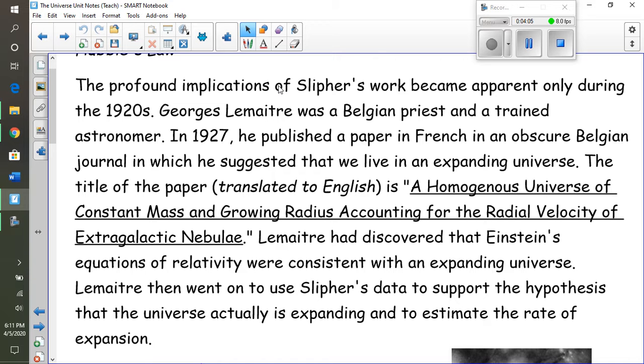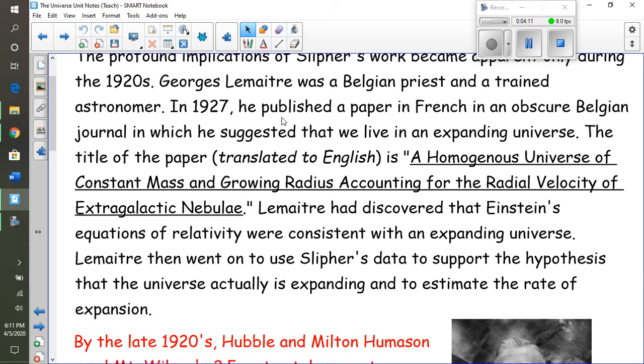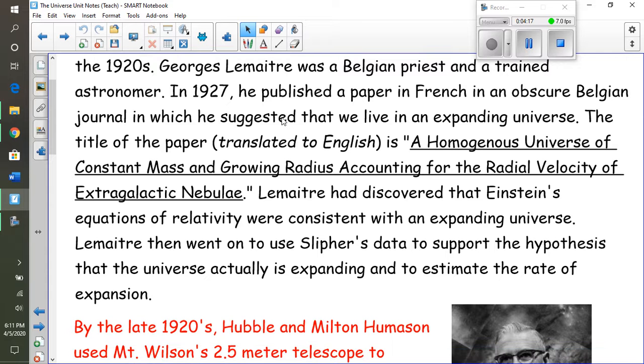Georges Lemaître, I can't pronounce that. He was a Belgian-born priest and a trained astronomer. In 1927, he published a paper in a very obscure Belgian journal. The title translates to a homogeneous universe of constant mass and growing radius, accounting for the radial velocity of extragalactic nebula.